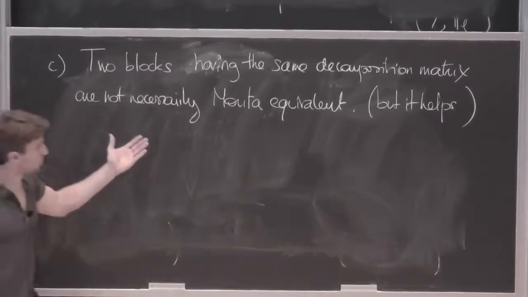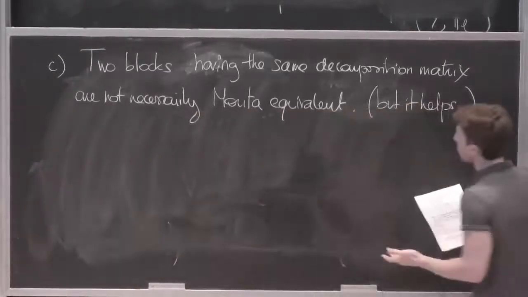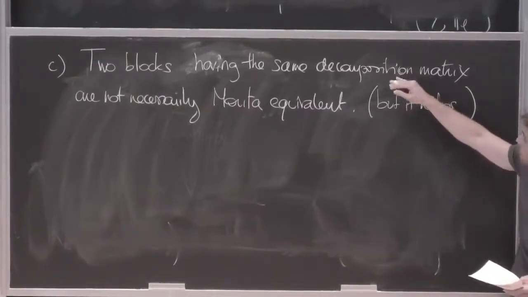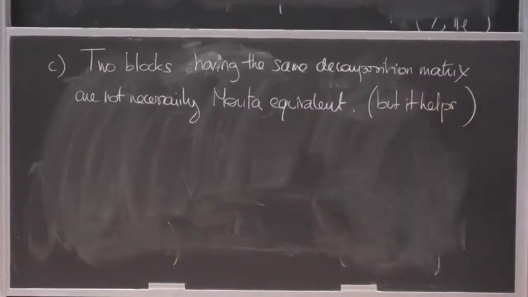But also, if you want to construct a Morita equivalence or sometimes a derived equivalence, it helps having these numerical invariants. Because what you want to do is construct the image of projective modules or complexes of projective modules, and having decomposition matrices as a starting point helps you to give candidates for constructing a tilting complex.